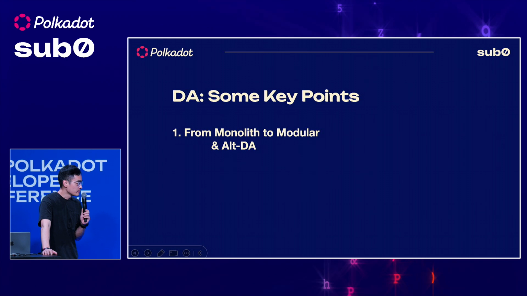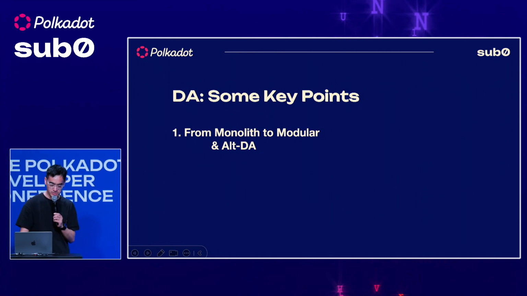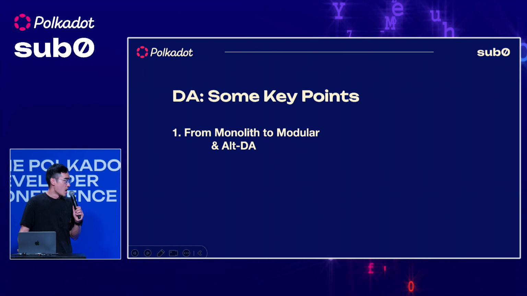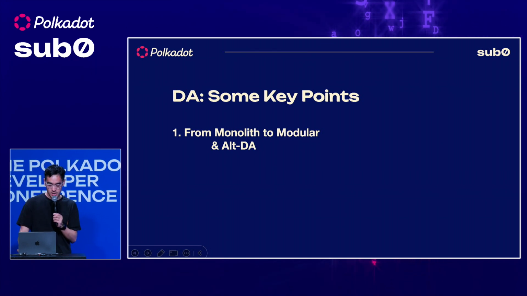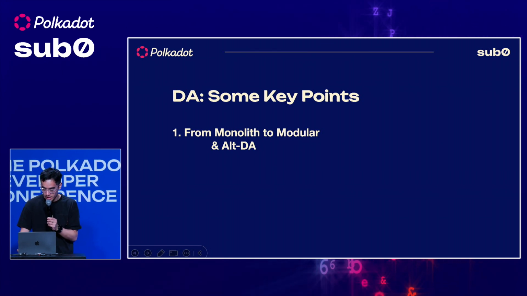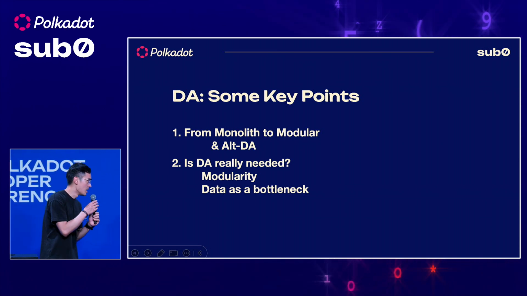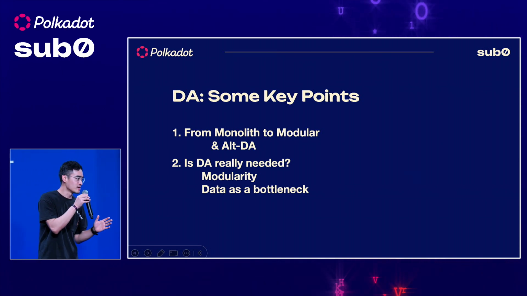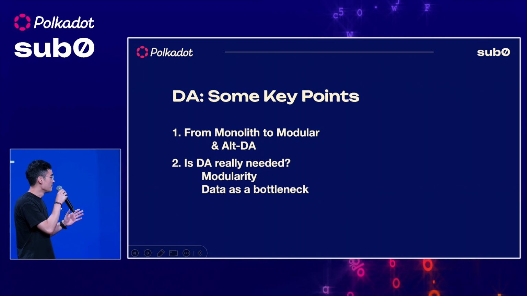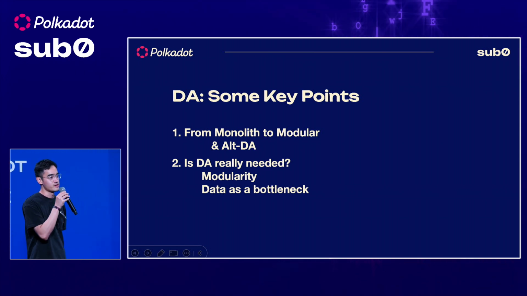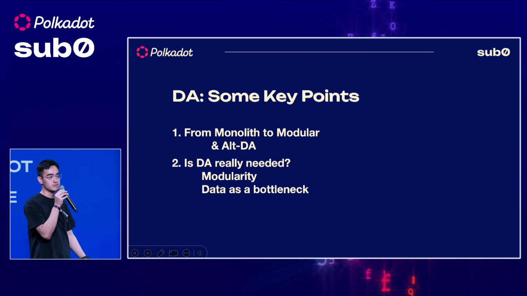So let me give you some key points, personally, about how we look into this data problem and where we are now. The first one is we are seeing a trend of all the layer 1 blockchains evolving from a monolithic to a modular design.